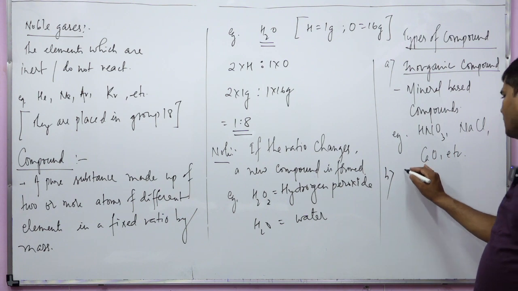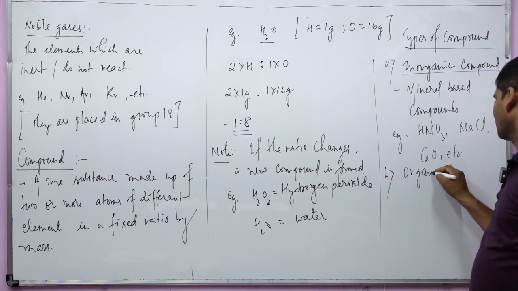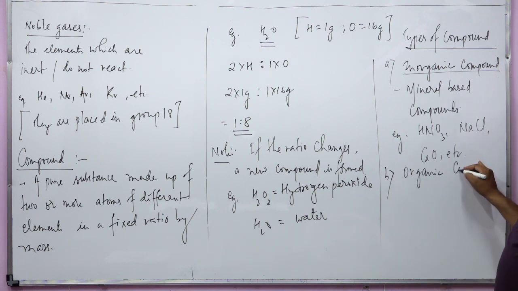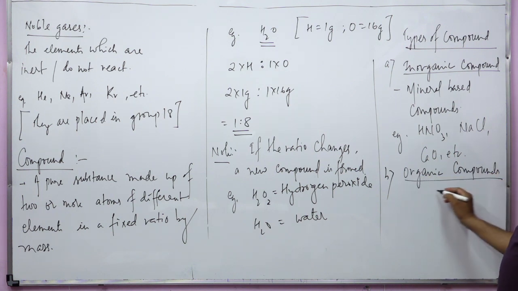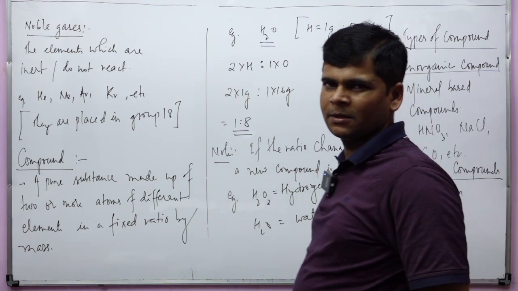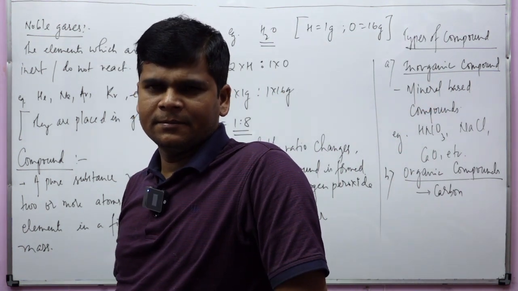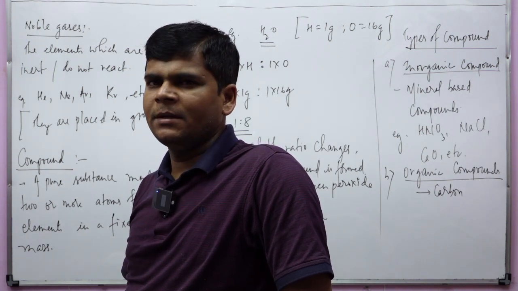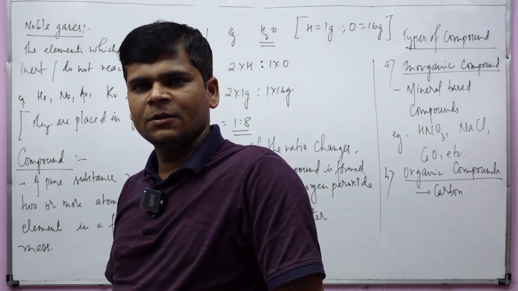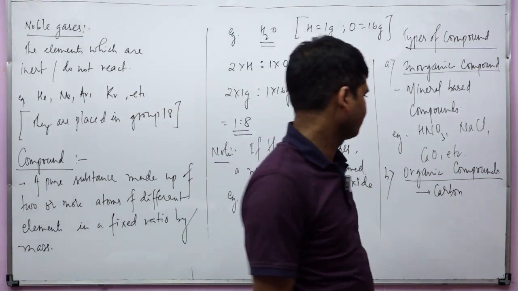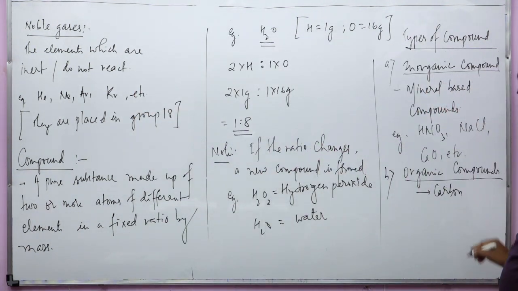There is another type, that is organic compounds. Organic compounds means, simply in modern definition, carbon compounds. Earlier it was called compounds derived from living organisms or living matter. So these are carbon compounds.